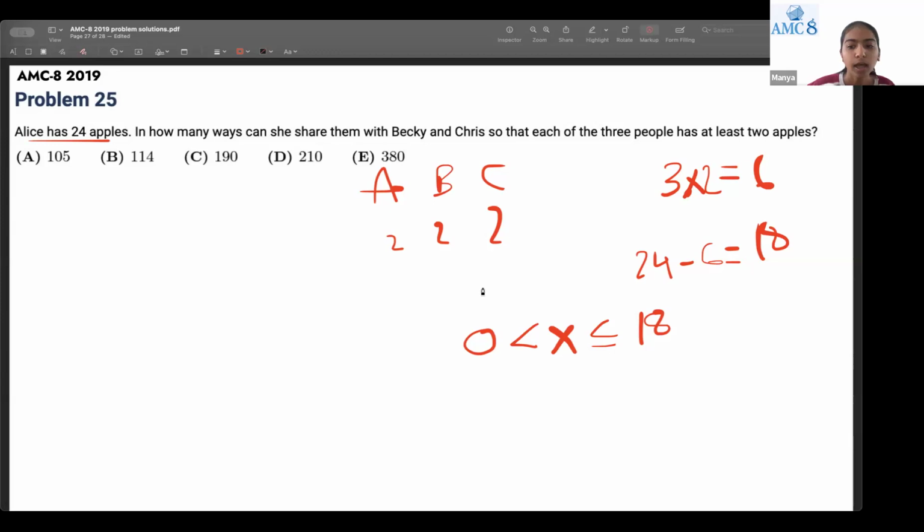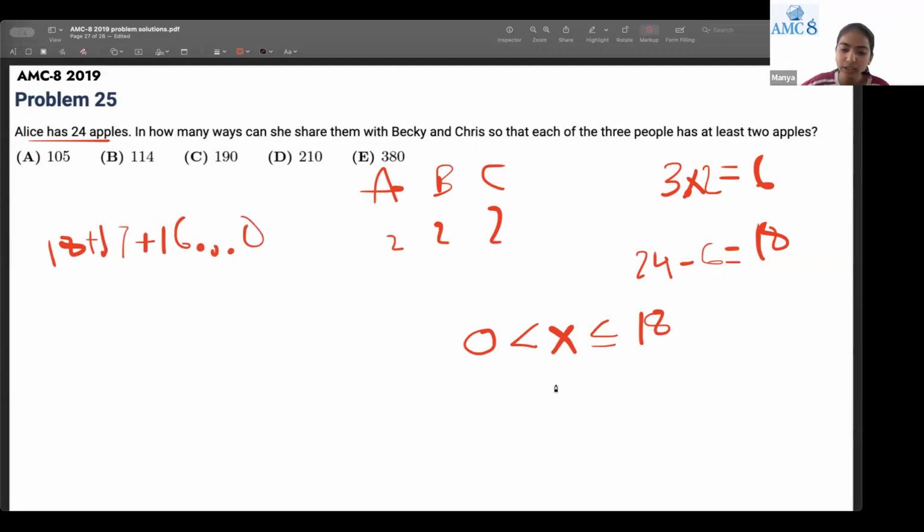And there has to be 18 different numbers in this possibility. So then if we do 18 plus 17, we have to add these because we need to know the different possibilities to do this. 18 plus 17 plus 16 all the way until 0.